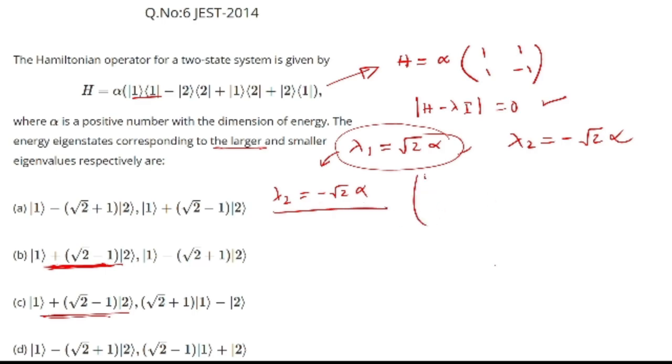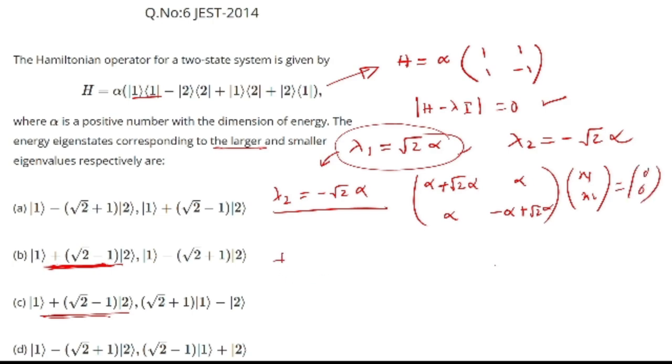For the smaller eigenvalue, what will be the eigenvector? Again, lambda is alpha minus of 2 root 2 alpha, so it will be plus root 2 alpha on the diagonal, alpha off-diagonal, into x1 x2 equals 0 0.